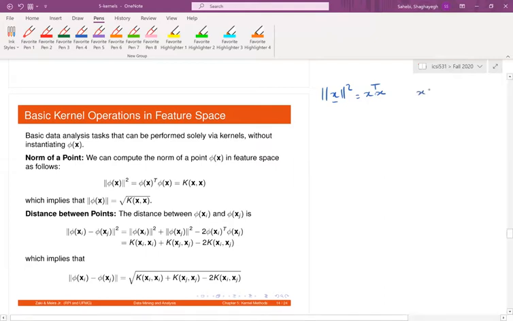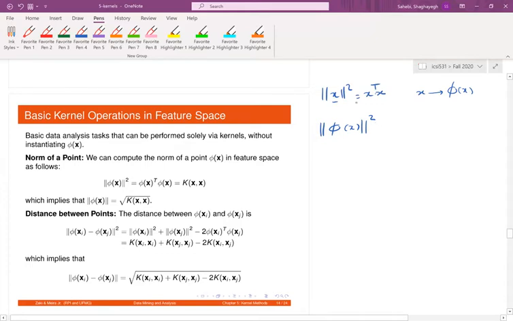So we had x, we now transformed it into phi of x. What would be the norm of our new data points? The norm of our new data point represented in the new feature space is the norm of phi of x, right?